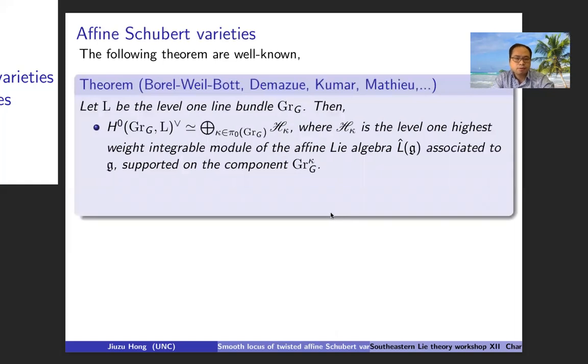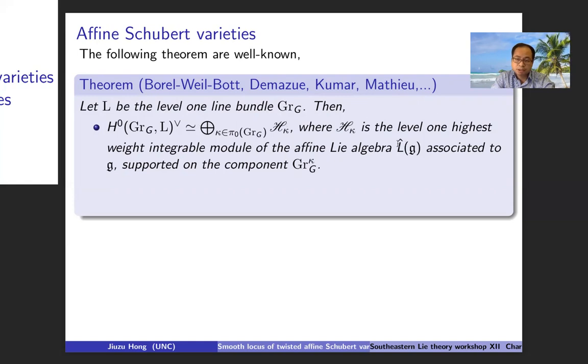So first, let me remind you of a well-known theorem, I think probably mainly due to Kumar and Mathieu in this affine setting. So let L be a level 1 line bundle on the affine Grassmannian of G. Then the global sections of the line bundle on the affine Grassmannian of G, and you take the dual, will be isomorphic to the level 1 integrable highest weight representations of the affine Lie algebra.